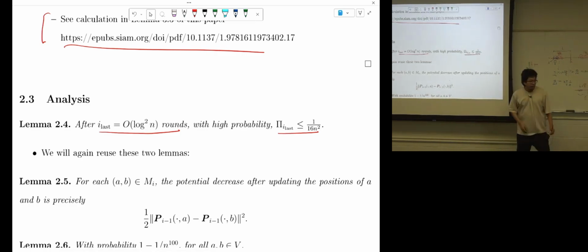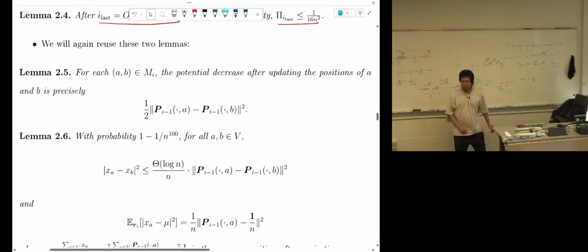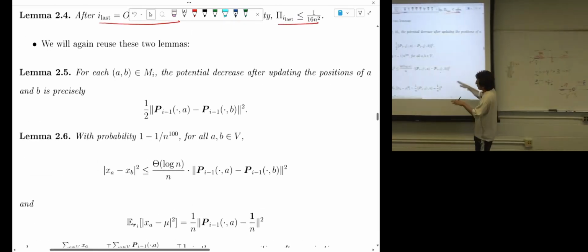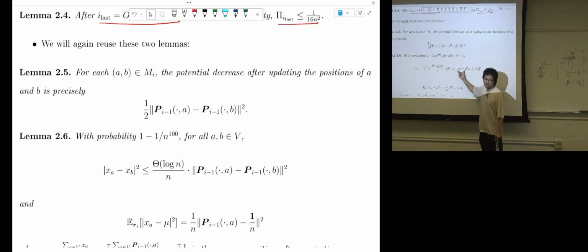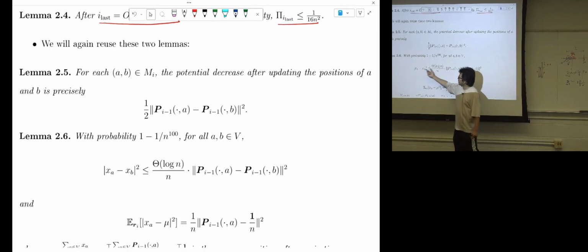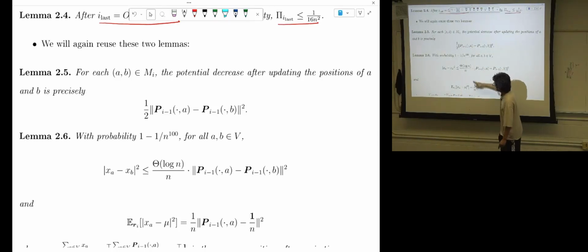Okay. And another key lemma is that intuitively the distance squared between any points after projection is basically preserved. It can deviate after scaling by n.